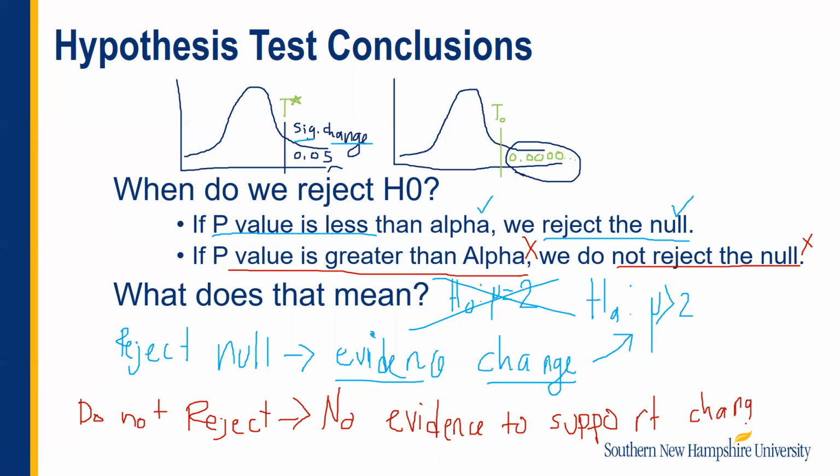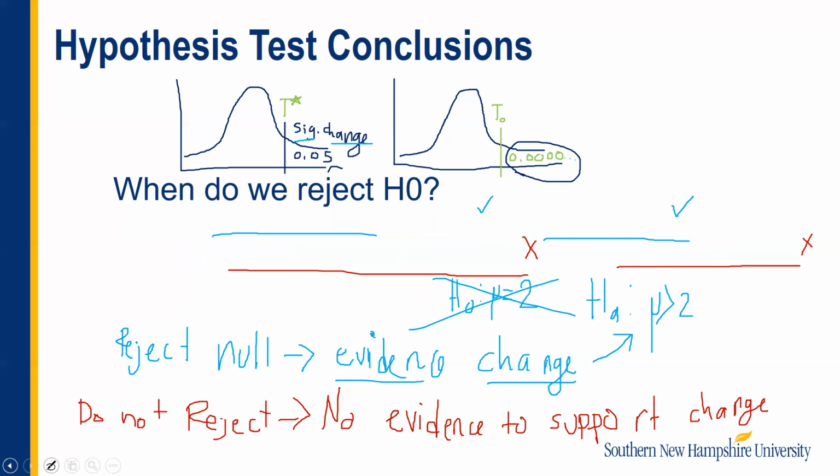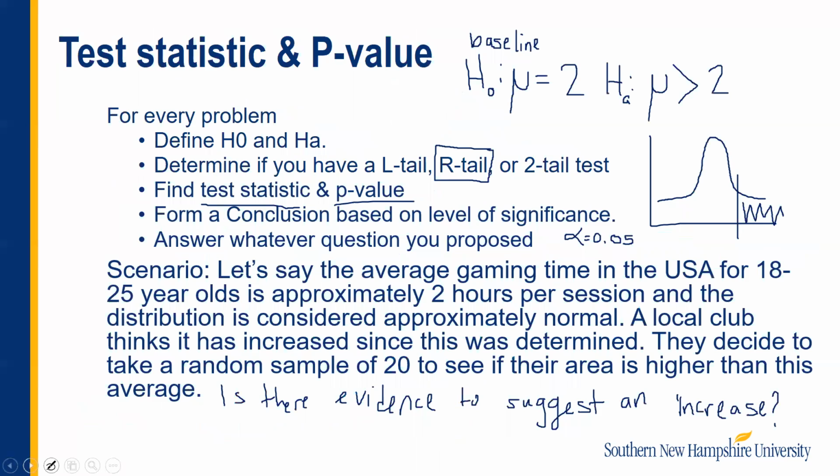So ruminate on that, think about it. Pause it, go back to what we started with, go back and look at our information over here and this scenario, and we can say, is there evidence to suggest a change? Yes, because our p-value was small. Change is indicated when the p-value is smaller than that significant change area, than that significant 0.05 or whatever number you're using for significance.